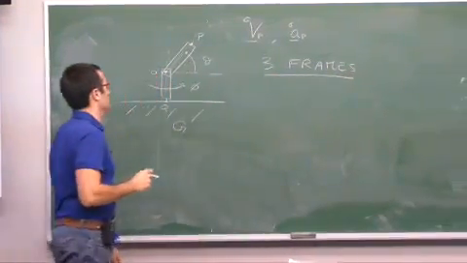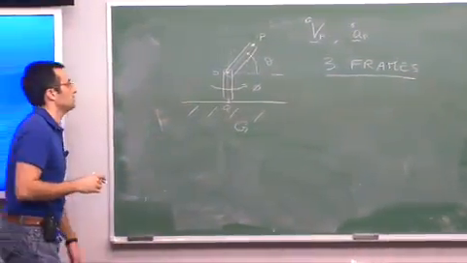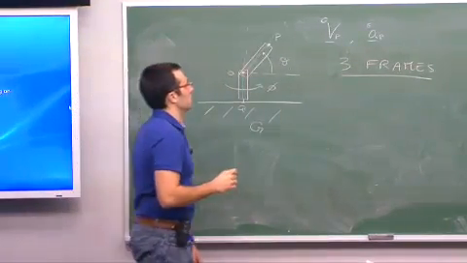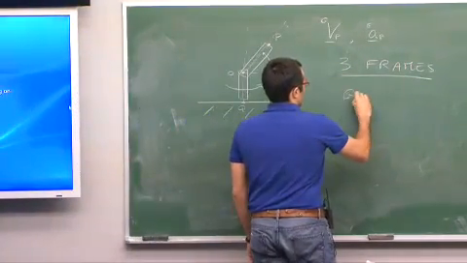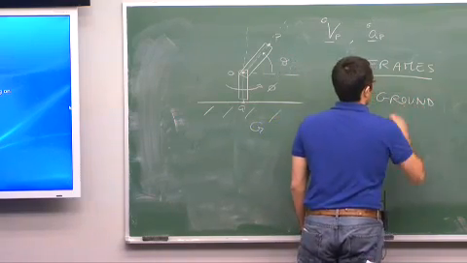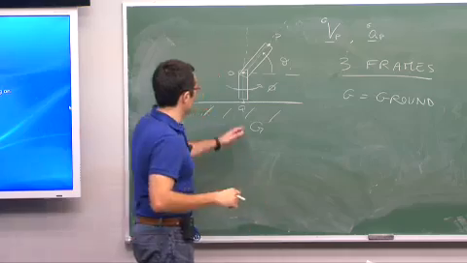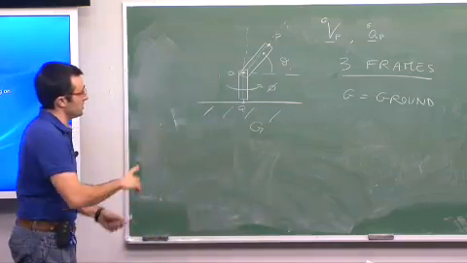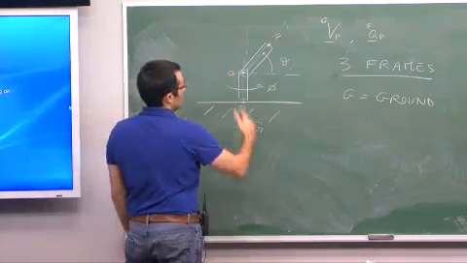Now what are those? Well, one is the ground, of course, G ground. Now if I go from the ground up, the first rotation is this rotation about the vertical axis.